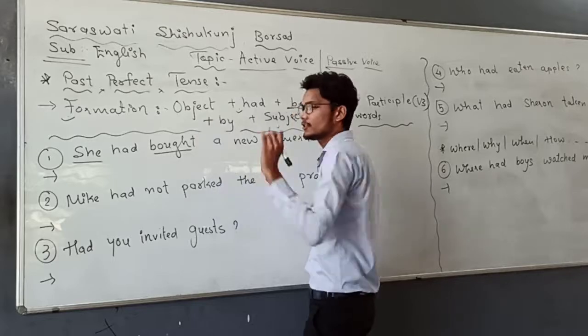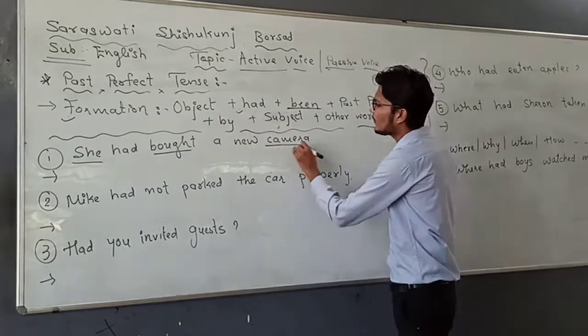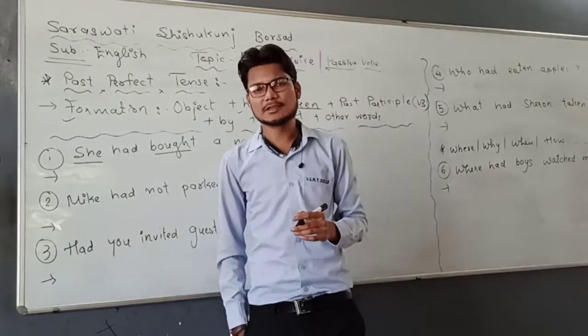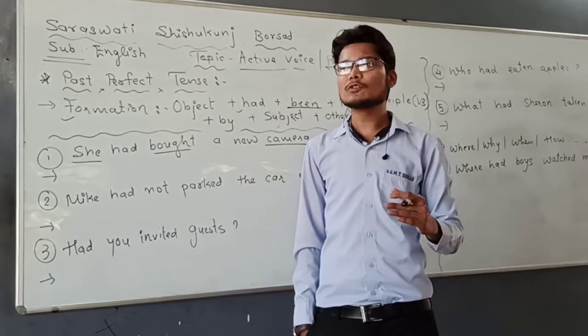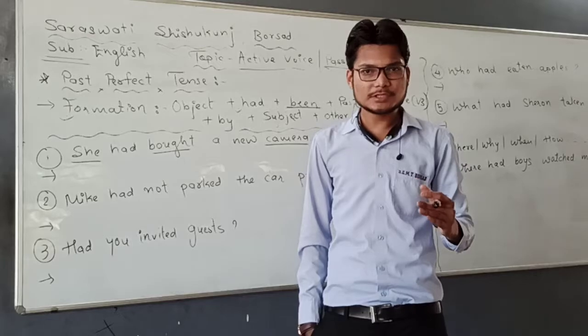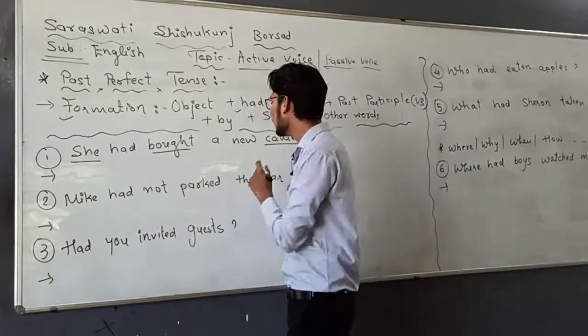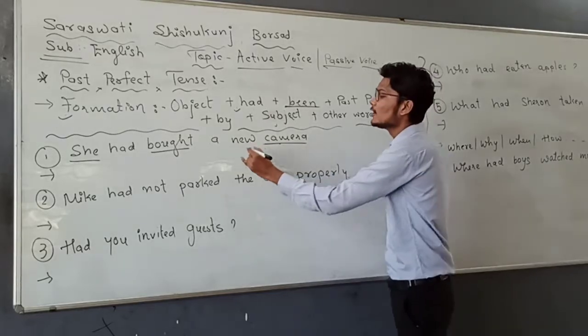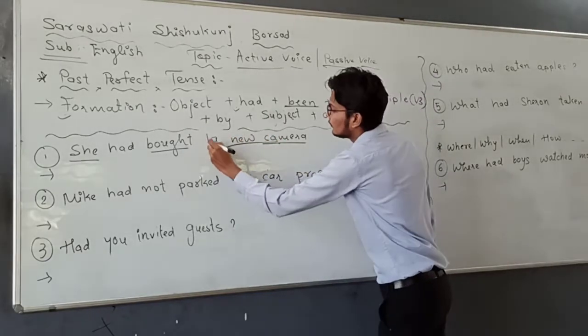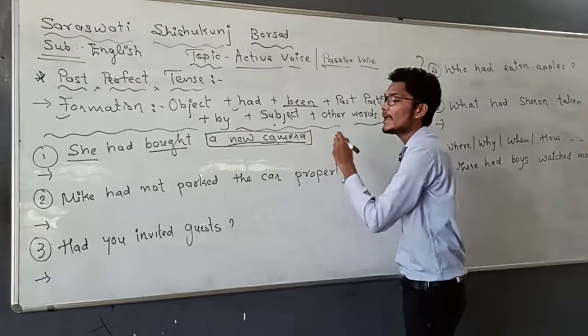That is bought. Then a new camera is your object. In order to make the passive voice, firstly you have to put the object in the very beginning. Now what is the object here? Camera? No, not at all. You have to take this whole portion as the object.